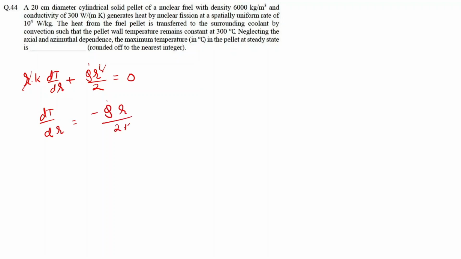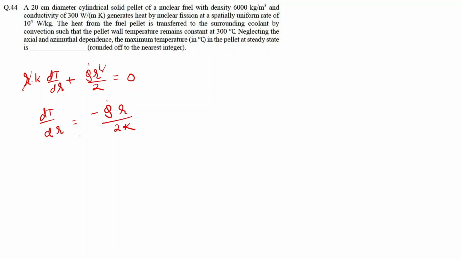So we can write this as r k dT by dr plus Q dot r square by 2 is equal to C1, and C1 was 0. Now we can again simplify this, and this r will get cancelled out. That is dT by dr is equal to minus Q dot r upon 2k.